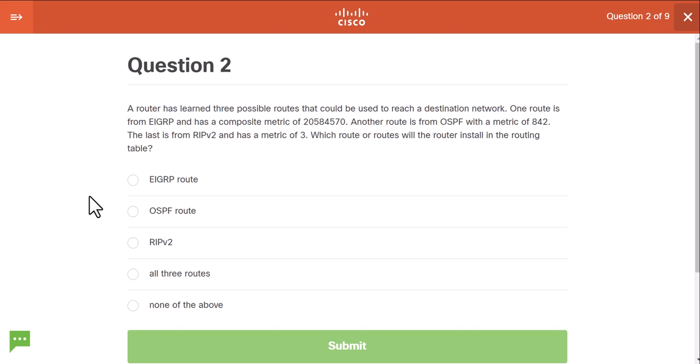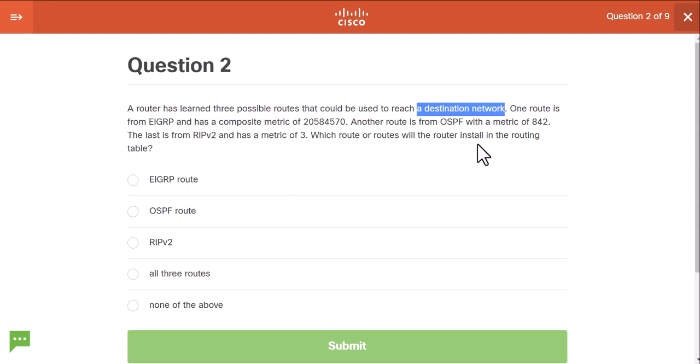When the router makes a decision which route to use for a specific destination network, the first thing it looks at is the administrative distance of the source of the routing information. A source of the routing information could be a routing protocol or maybe a static routing process.